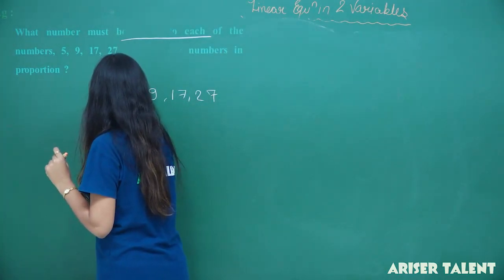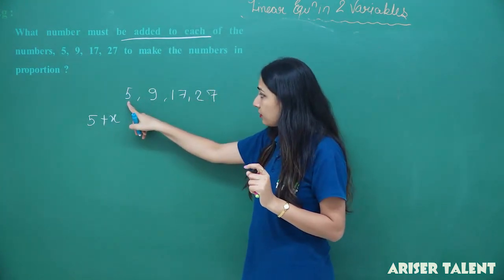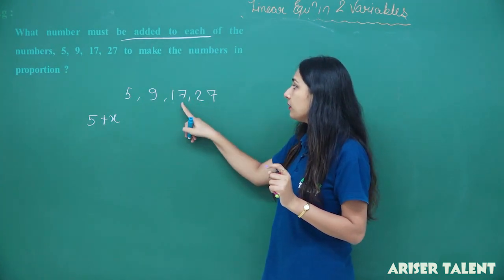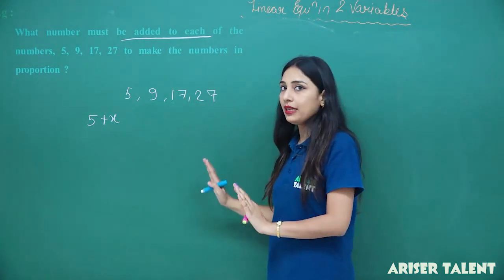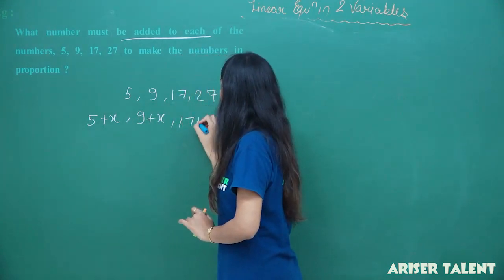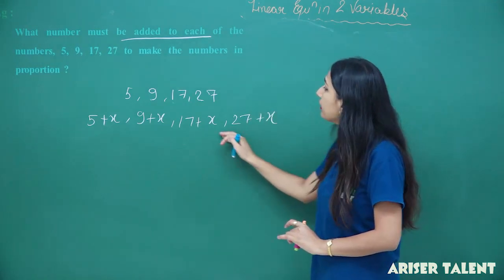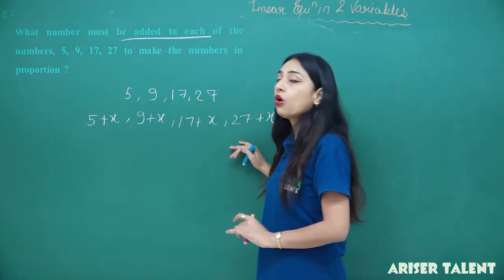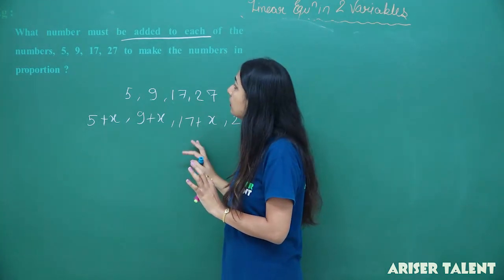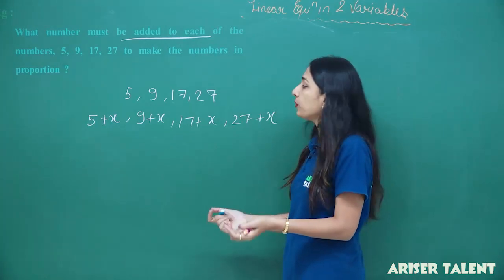So 5 plus x will be the number. If I add this x to this 5, I have to add it to 9, 17 and 27. Now I have added x to all 4. Now student, they have to make the numbers in proportion. What is the meaning of proportion?